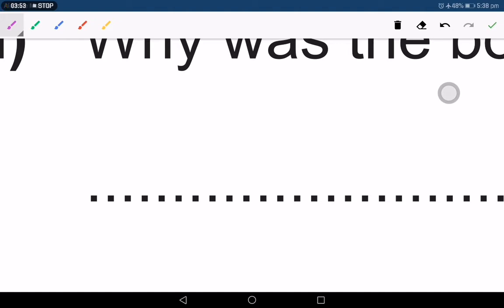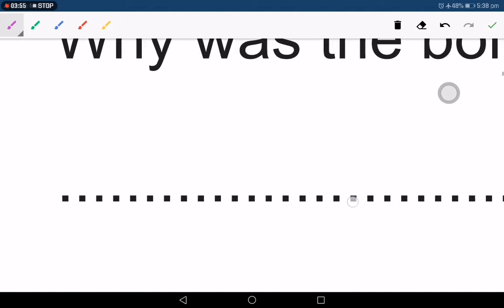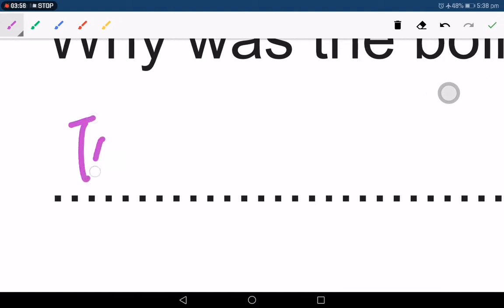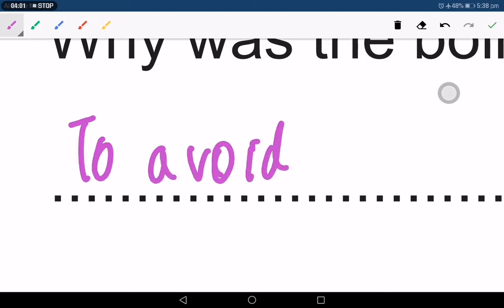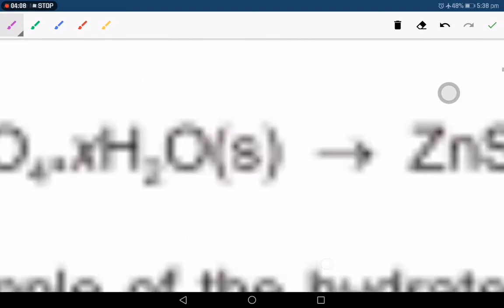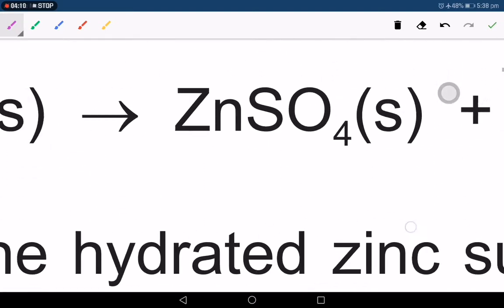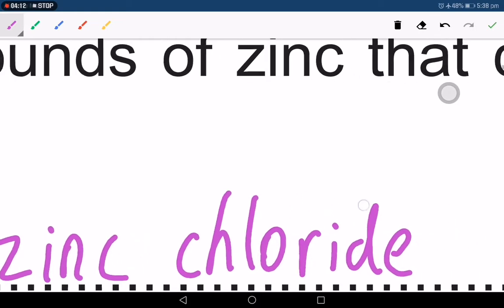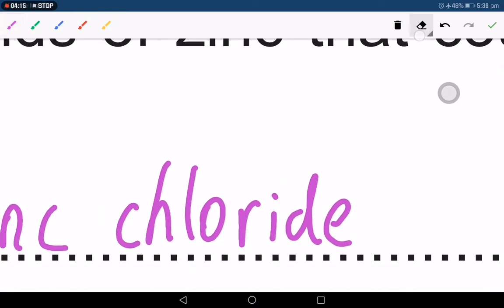Why was the boiling tube heated, cooled, and reweighed 4 times? To avoid experimental inaccuracies. Oh, another thing, I don't think you can use zinc chloride there. I just realized you can't use zinc chloride.